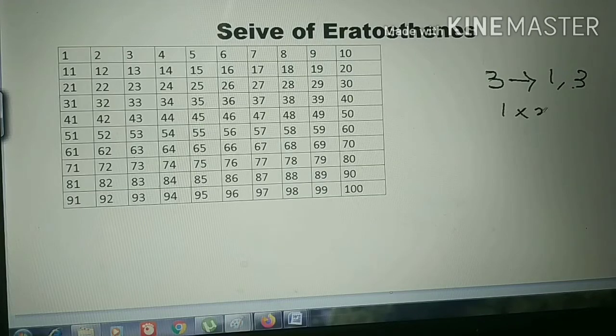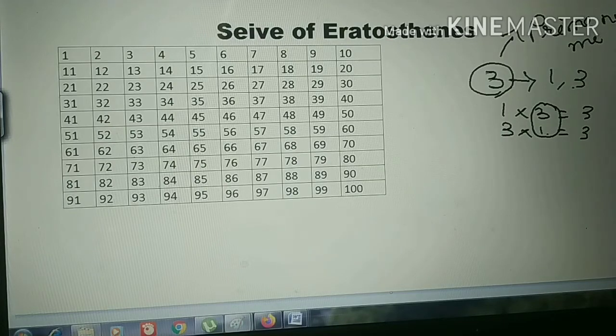How? 1 into 3 you will get 3, 3 into 1 you will get 3. So factors are these two only, 1 and the number itself. These type of numbers will be called prime numbers. Now see how to find out how many prime numbers there are from 1 to 100.